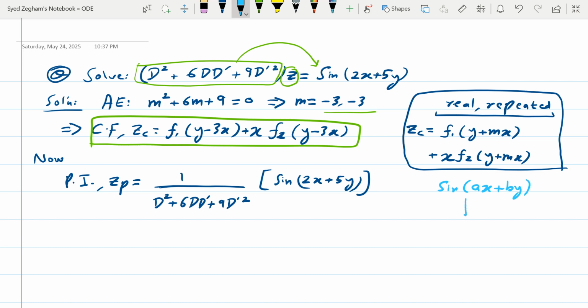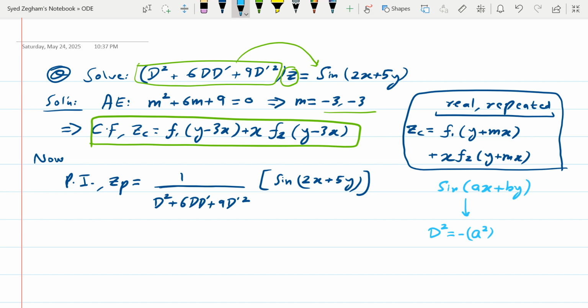Okay, so in this case, to find the particular integral, simply we replace D square by, now be careful here, minus a square. Okay, it is not minus a whole square, no.